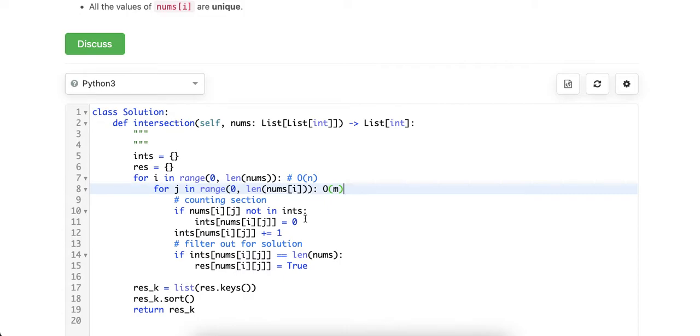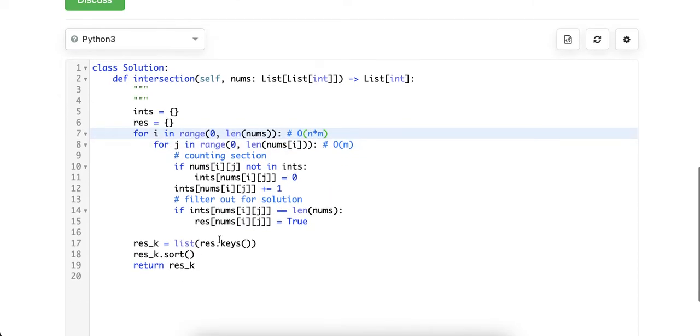And then underneath this is just comparison, and this is just initializing a value, so just big O(1). So at this level, we come back up, it becomes n times m.